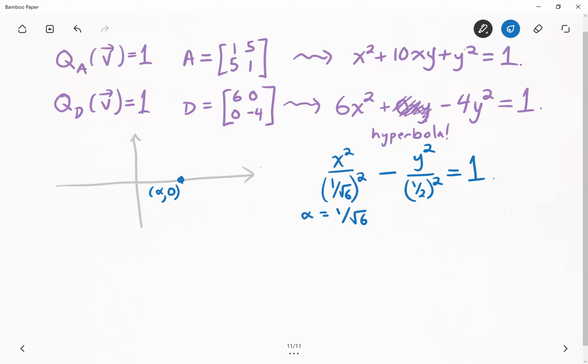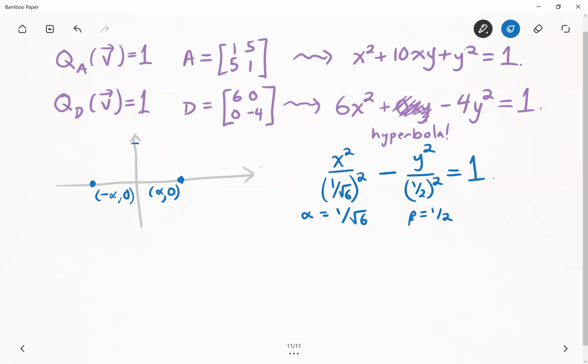Let's draw another point over here. This is negative alpha, comma 0. And then we can draw some kind of a guideline at beta, where beta is equal to 1/2. Right, that's a little bit larger because radical 6 is a little bit bigger than 2, so 1 over radical 6 is a little bit smaller than 1/2.